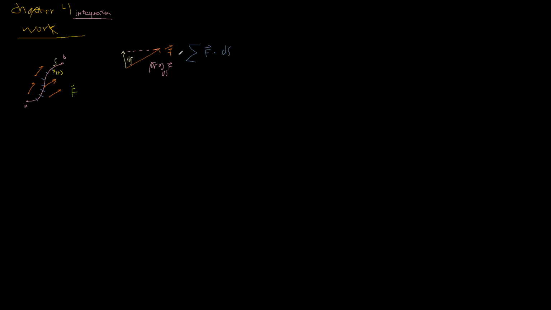And as the limit of our segments approaches infinity, this is going to approach an integral, because remember, an integral is an infinite sum, from A to B of F dot dr, which is the whole path, right? And F is going to be obviously a function of x, and this is going to be our position.